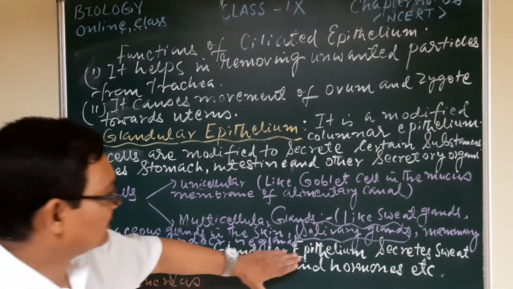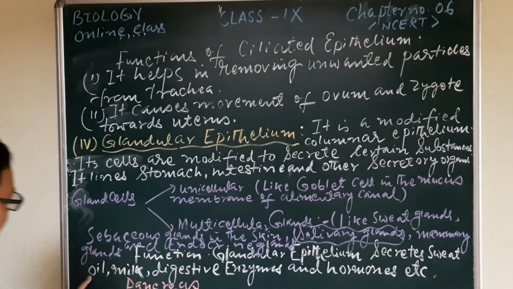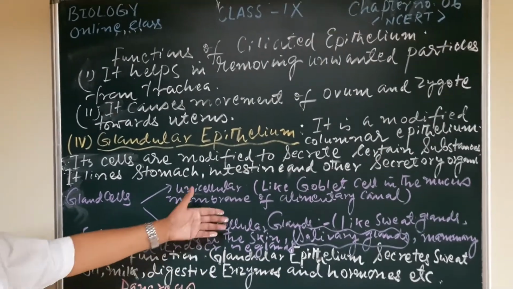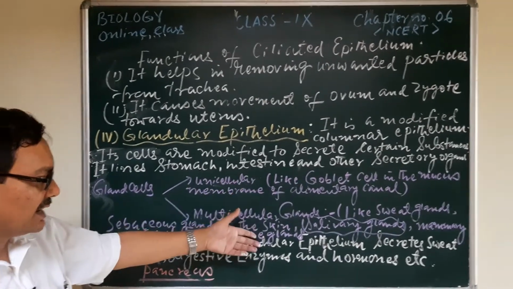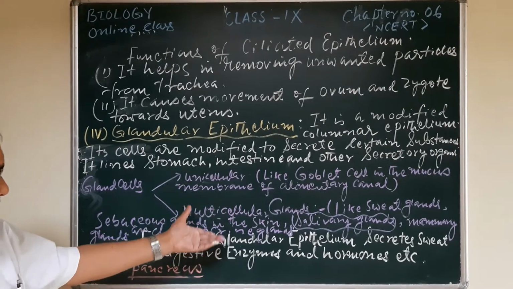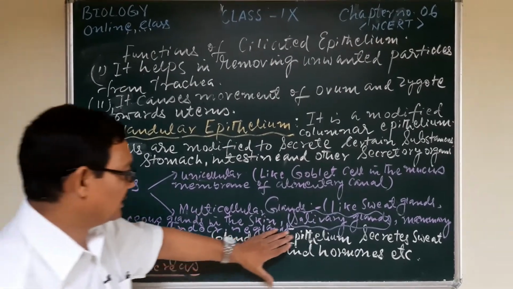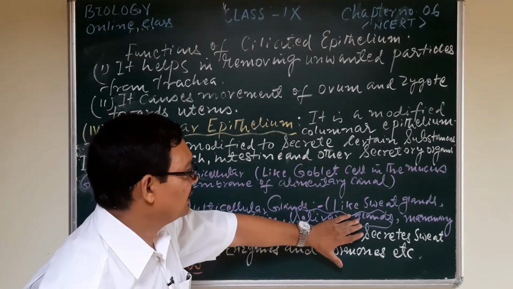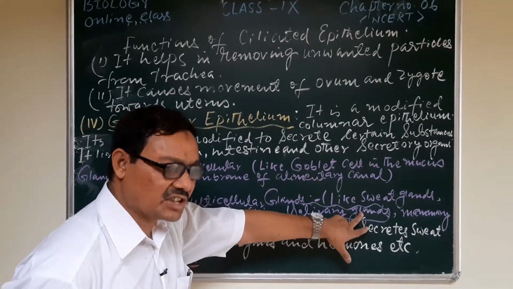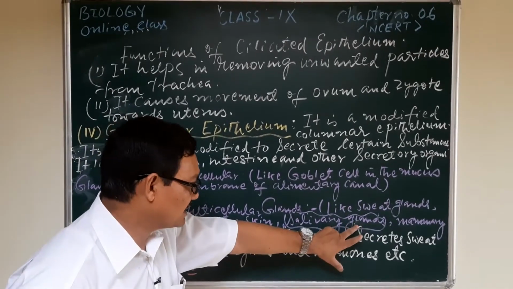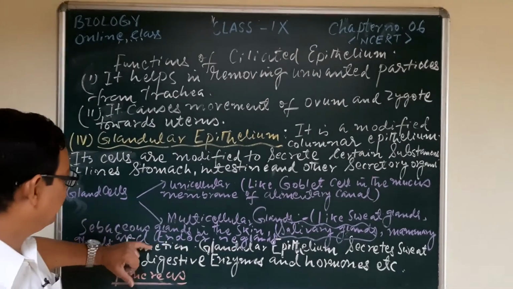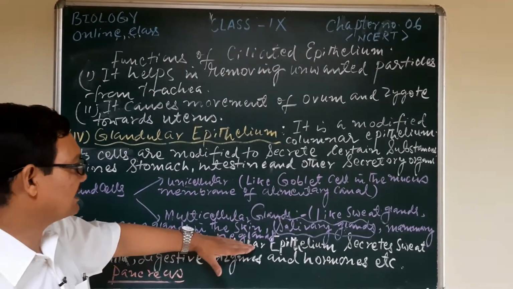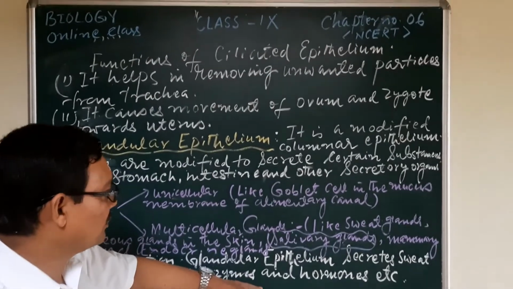What are the functions? Glandular epithelium secretes sweat, oil, milk. According to the nature of the glands, it secretes different chemical substances. Like from the exocrine, mainly there is a secretion of enzymes, and from the endocrine glands there is a secretion of hormones.